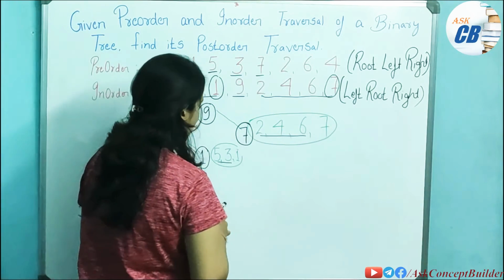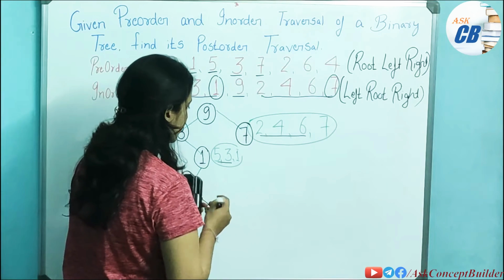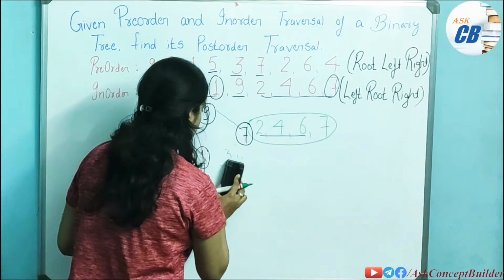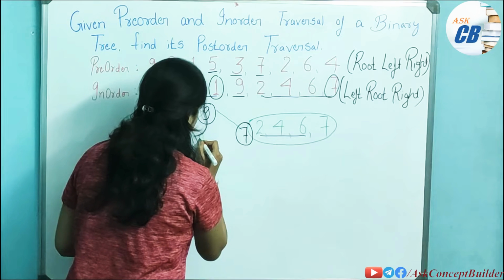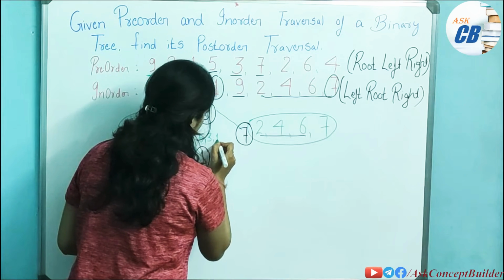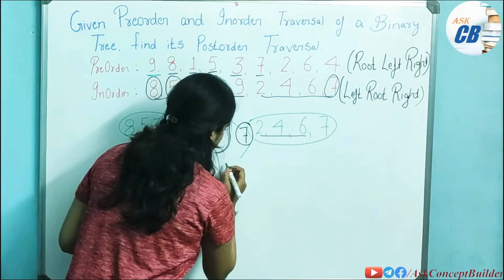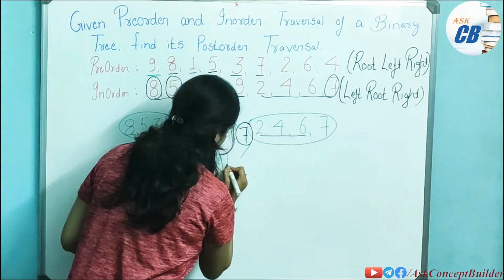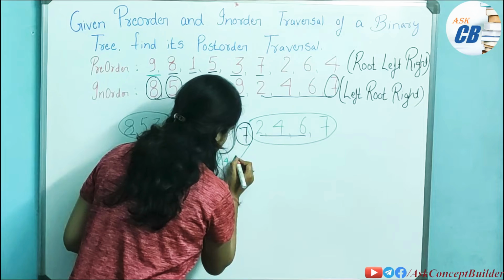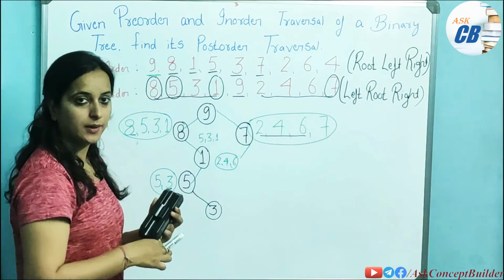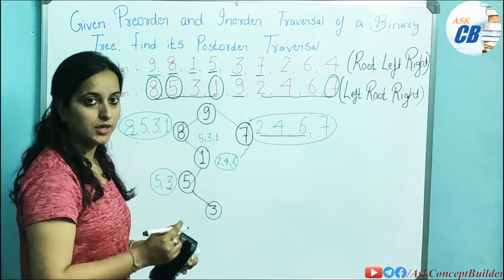Okay, so these elements, I will write here 5, 3 and 1. These elements 2, 4 and 6 you will write on the left of 7. 2, 4 and 6. Fine. Now again you want your next root node.